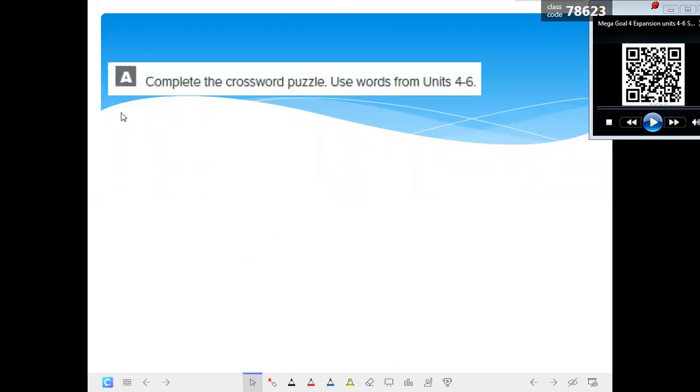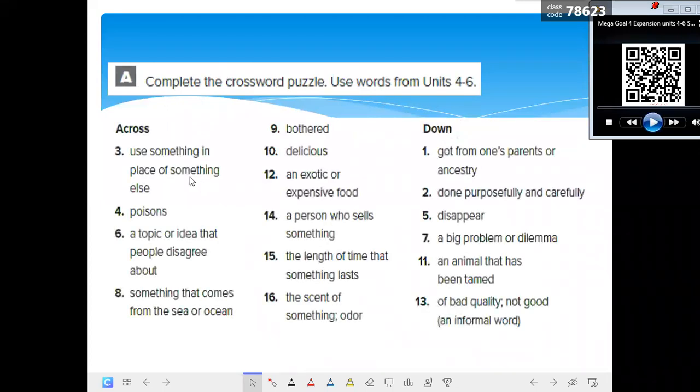The first exercise is exercise A on page 67. As you see, he wants you to complete the crossword puzzle, using words from units 4 to 6. These are some words or phrases we talked about before.